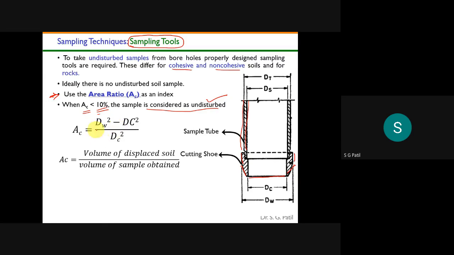Area ratio is (Dw² − Dc²) / Dc². Dw is the outer diameter of your cutting shoe, and Dc is the inner diameter of your cutting shoe.